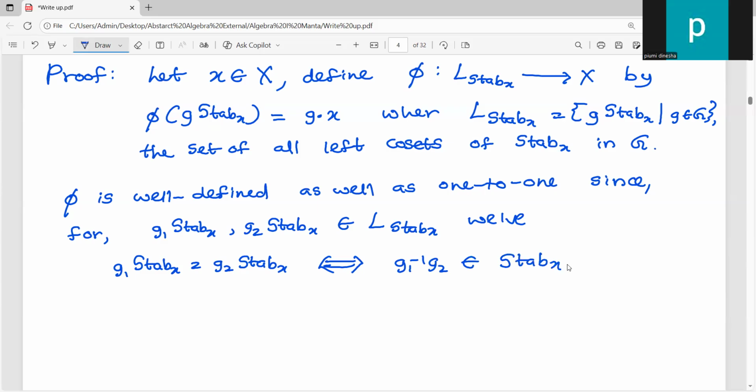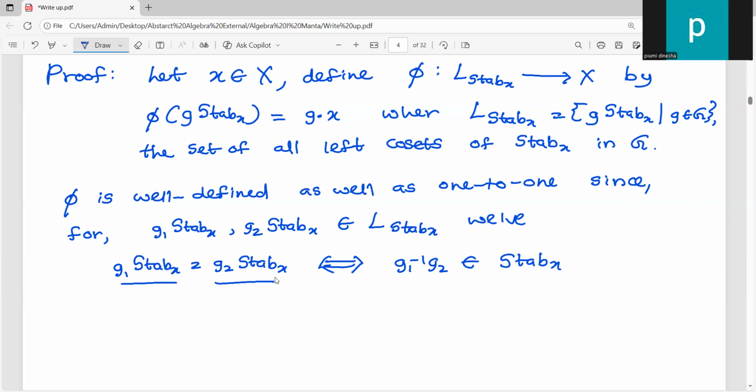Why do we have this? Remember, these are two left cosets. What you see over here is one left coset of stab X in G by the element G1 on this side, and this left coset is equal to a left coset of stab X in G by the element G2.